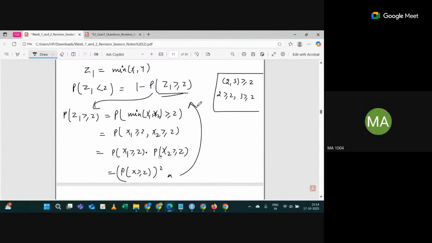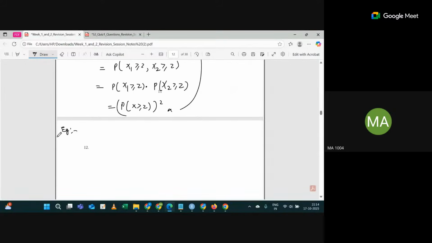Okay, let me take one numerical example. Let's say x1 and x2 are IID binomial 3 comma half. Now z is defined as maximum of x1 comma x2. You have to calculate probability z less or equal to 1.